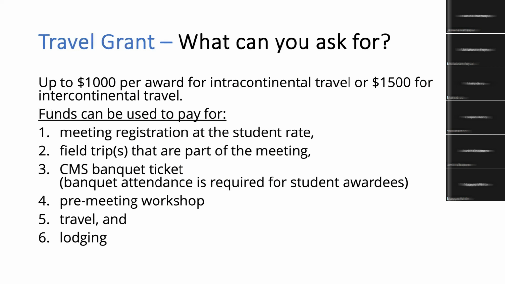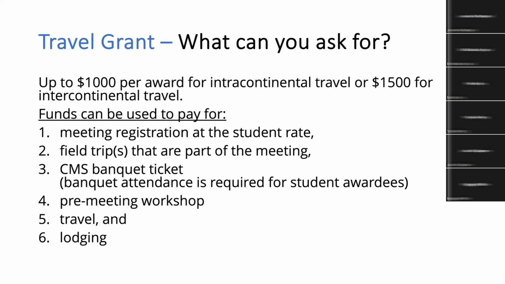Field trips that either run before or after the conference starts, if you'd like to attend those, you can use this money. There's a banquet at which awards are presented, so you'll use this money to pay for the banquet ticket. And if you are awarded one of these awards, it's expected that you'll attend the banquet.